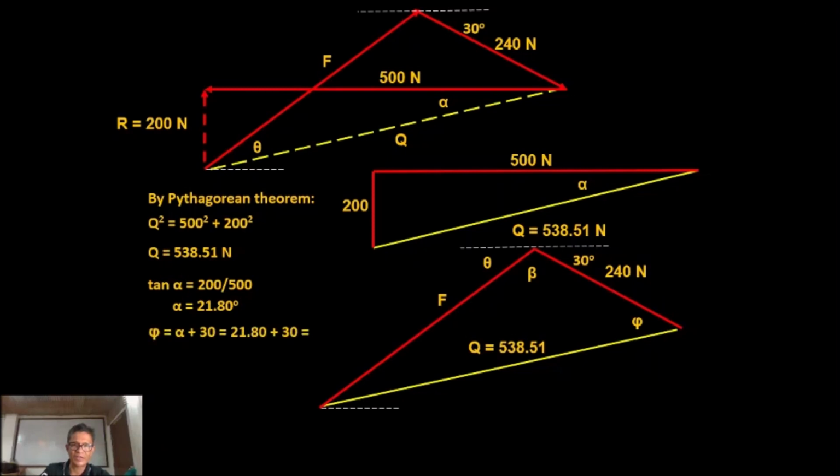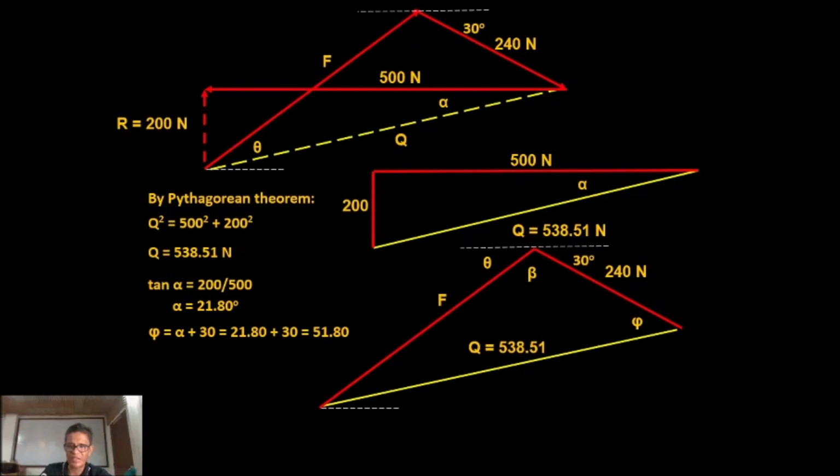And we have angle phi. I wrote omega there, but that is angle phi, and you can see it on the right. How do we get that? Phi is equal to alpha plus 30. Where does alpha come from? From the diagram above, alpha is the angle of inclination of Q with respect to the horizontal.